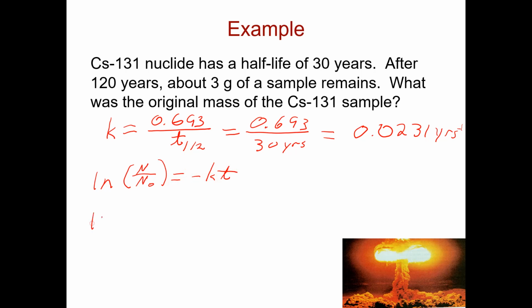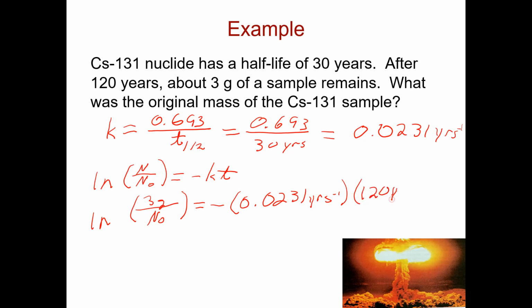So if I plug in, I know that I have about 3 grams of my sample remaining. And I'm going to plug in my rate constant that I just calculated. And I was told that this is after 120 years.